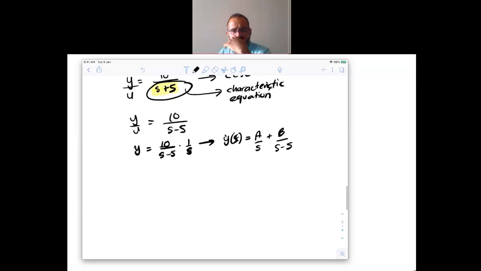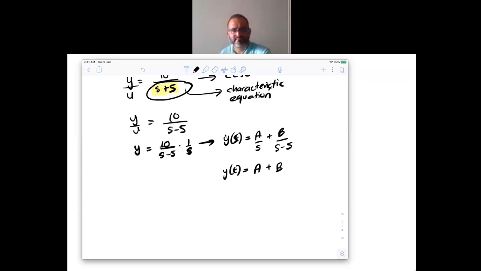Let's have a look at the response in time domain. The inverse Laplace of a over s will definitely give me a constant a, because 1 over s inverse Laplace is 1.